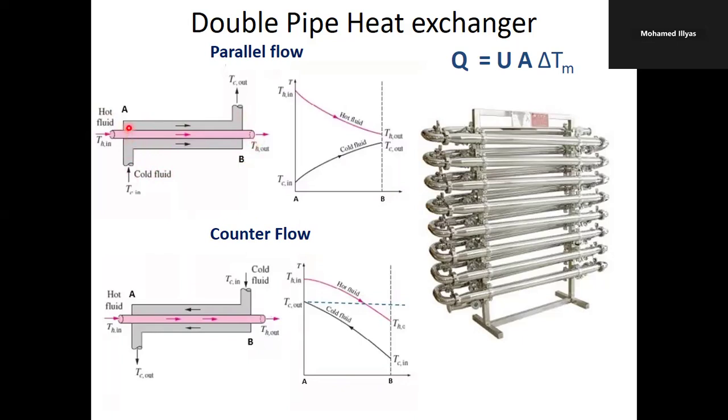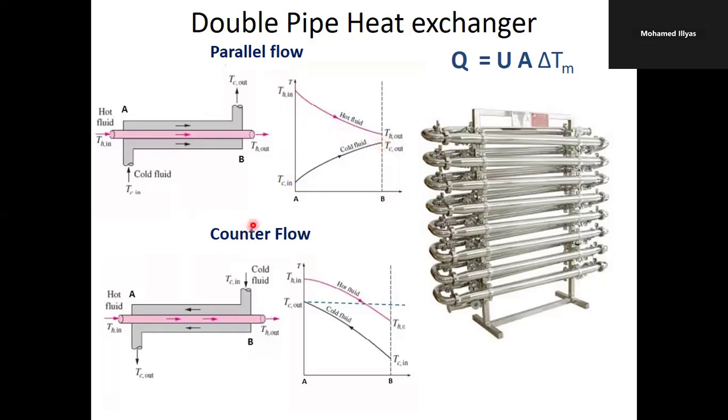When the fluids are flowing, because of the temperature difference, heat is transferred. When you observe the temperature distribution here, we have a maximum temperature difference at the entry, and the temperature difference keeps on decreasing as the fluid comes out.